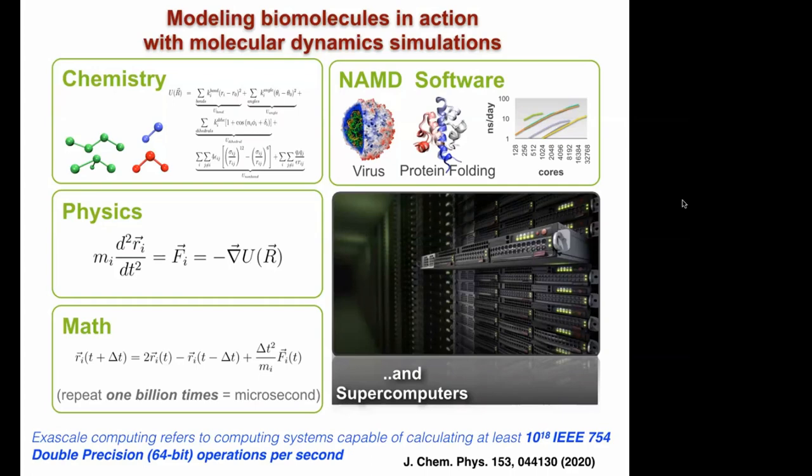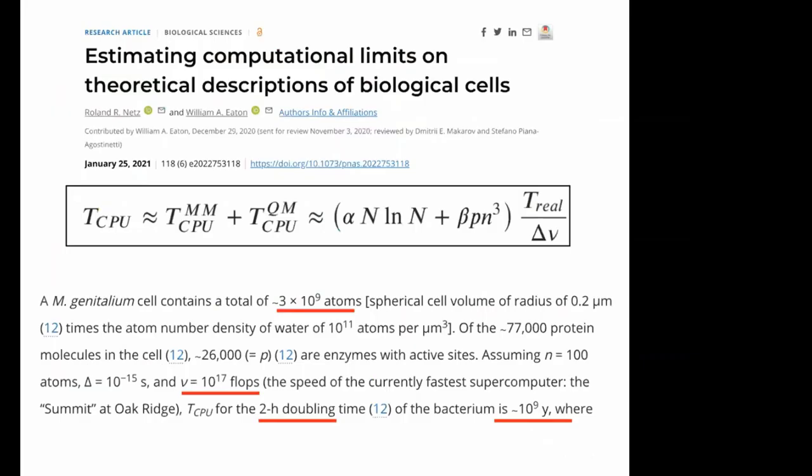Now, of course, there is a big problem. The problem is that there are computational limits to these kinds of calculations. This paper came out where they say that if you just think of CPUs for the time being, and of course there are GPUs which are more sophisticated, if you have an n atom system, n being a billion, which is close to a spherical cell, and you have 10 to the power 19 flops in the computer, that's how fast your computer is.